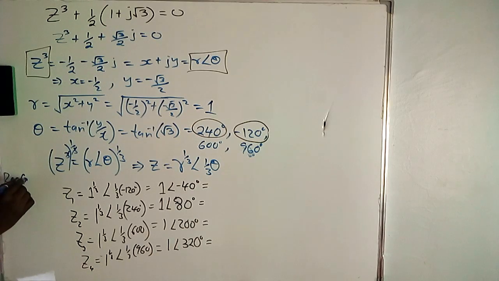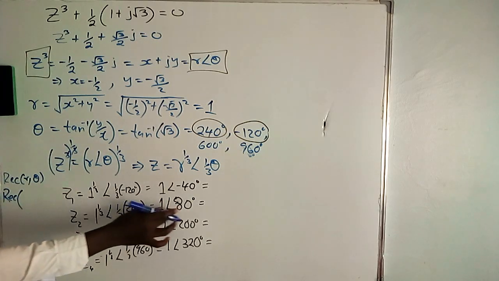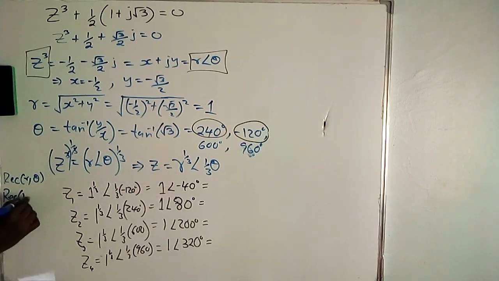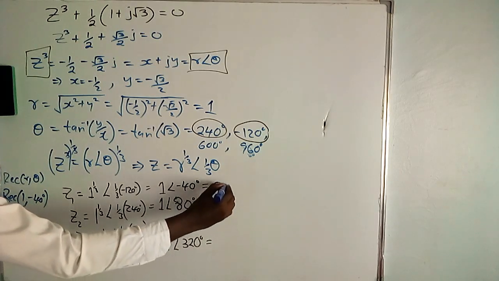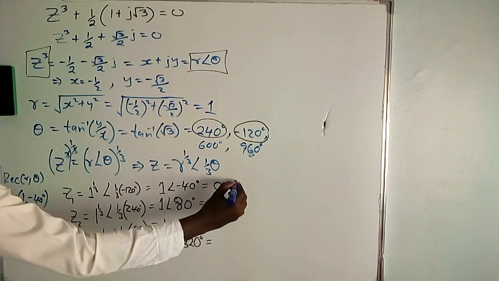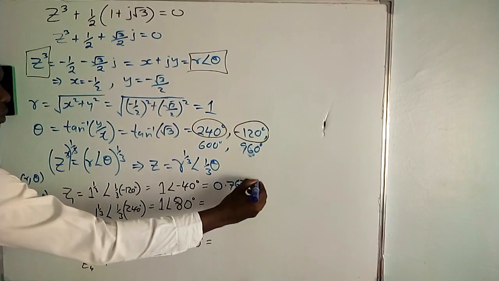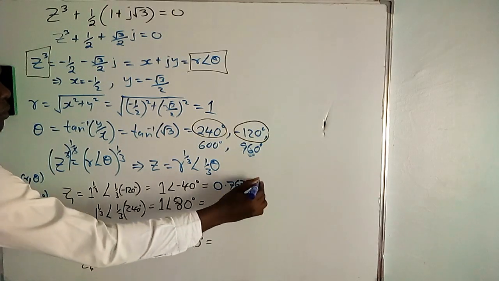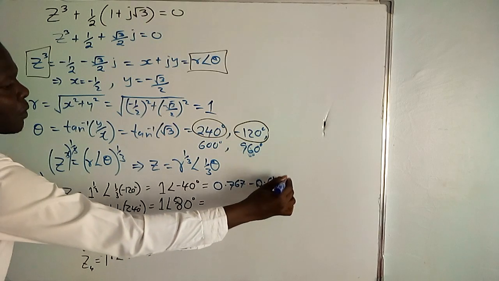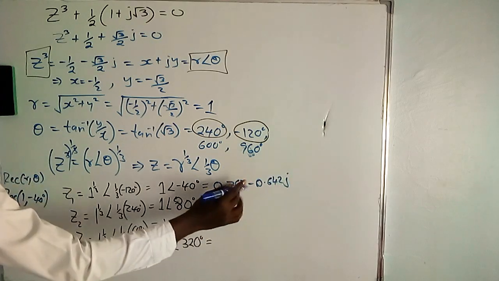Rectangular form of 1 angle negative 40 degrees. X is 0.767, then y is negative 0.642 times j. So it is x plus yj, isn't it?